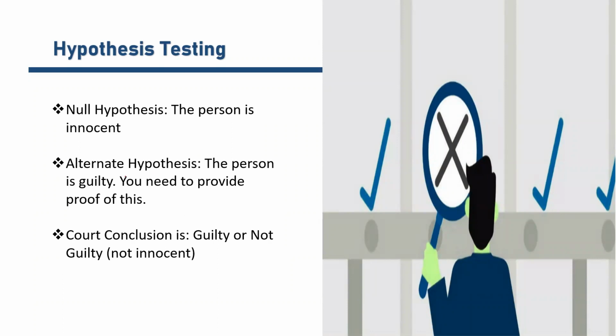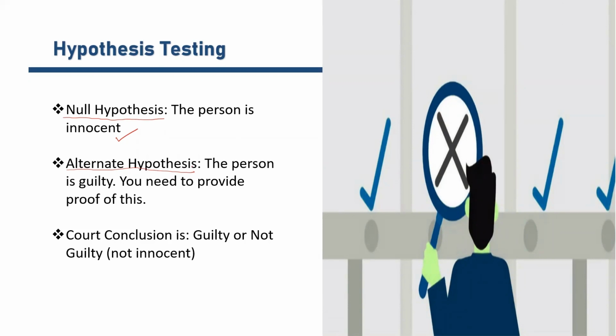The court is saying that the person is innocent, right? This is going to be your null hypothesis. The alternate hypothesis is something which you want to prove and want the court lawyer to prove, that the person is guilty. So the alternate hypothesis is that the person has committed the crime. This is the alternate hypothesis.